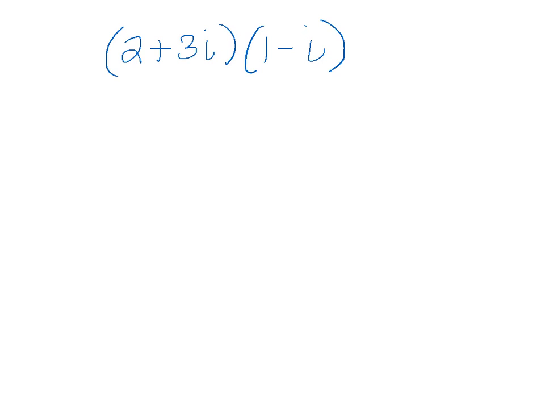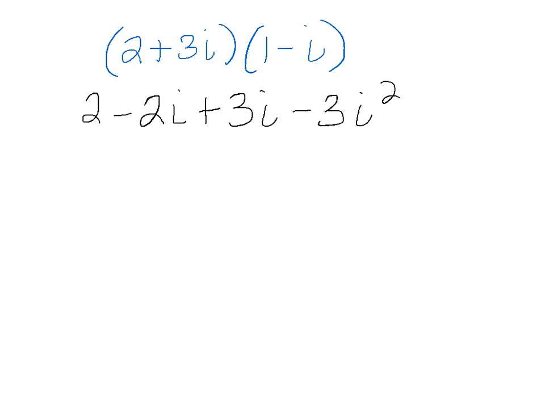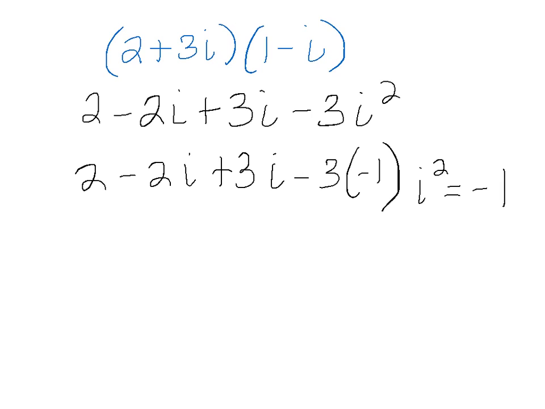There's also some problems that are just basic complex number issues. Here, all this is asking us to do is multiply. So I'm going to FOIL. So I would get 2 minus 2i plus 3i minus 3i squared. Now the important thing for us to remember is that i squared is equal to -1. So this actually becomes 2 minus 2i plus 3i minus 3 times -1.